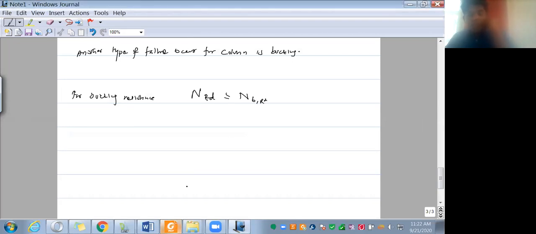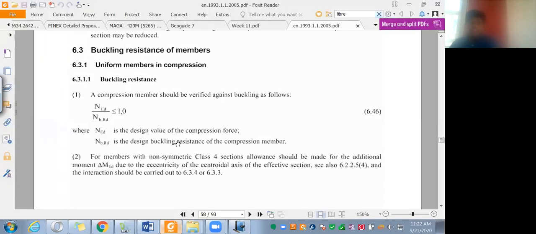And NBRD stands for design buckling resistance of the compression member. So now we need to look at how to estimate this NBRD, because we need to make sure that NBRD is greater than NED. So NBRD is obtained from here.